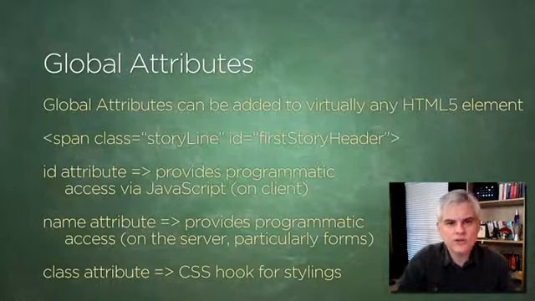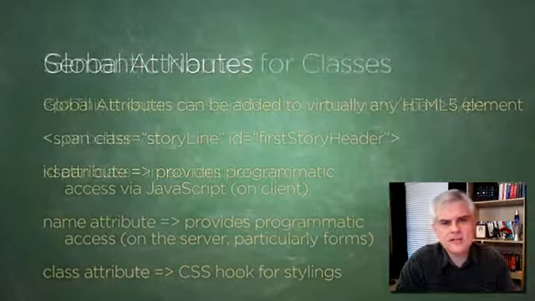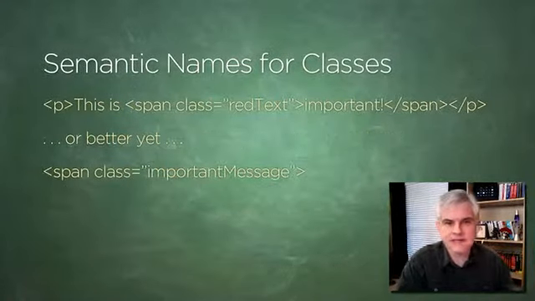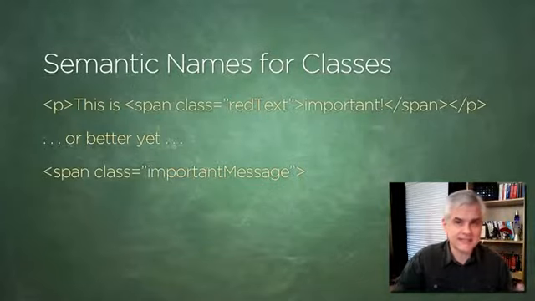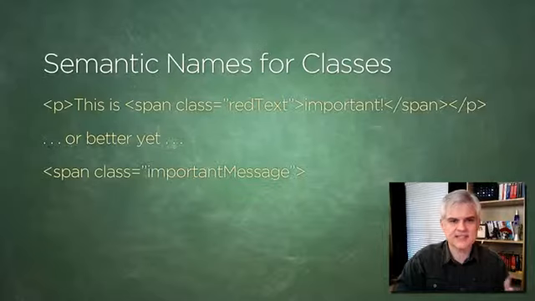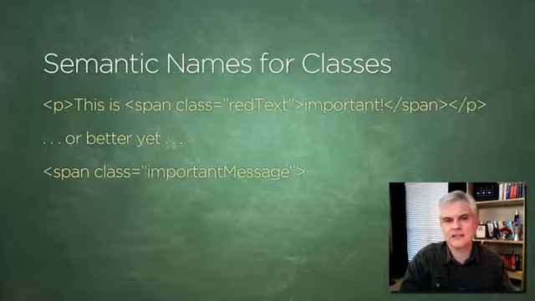Other software could utilize the class attribute for other purposes. But it's a good idea to keep class names semantically correct as well. So you might be tempted to create a class called red text, and then create cascading style sheet styles that set the appearance of the font to be red. However, a better idea might be to call it something like important message, then style it with a red font if you wish.